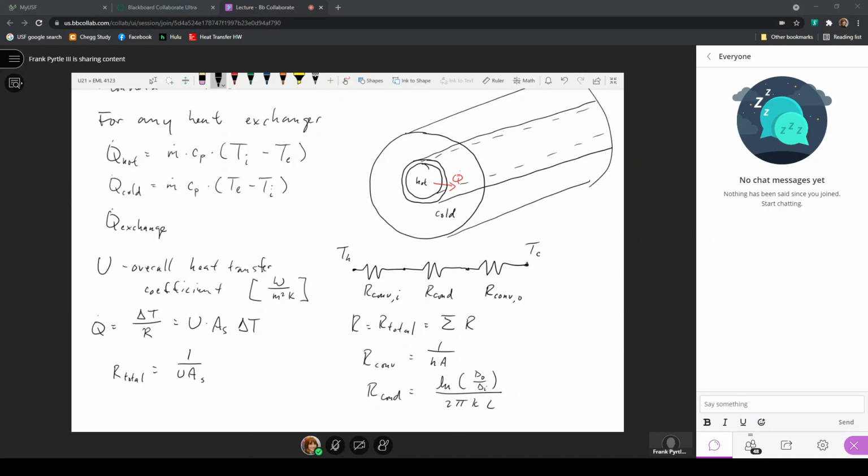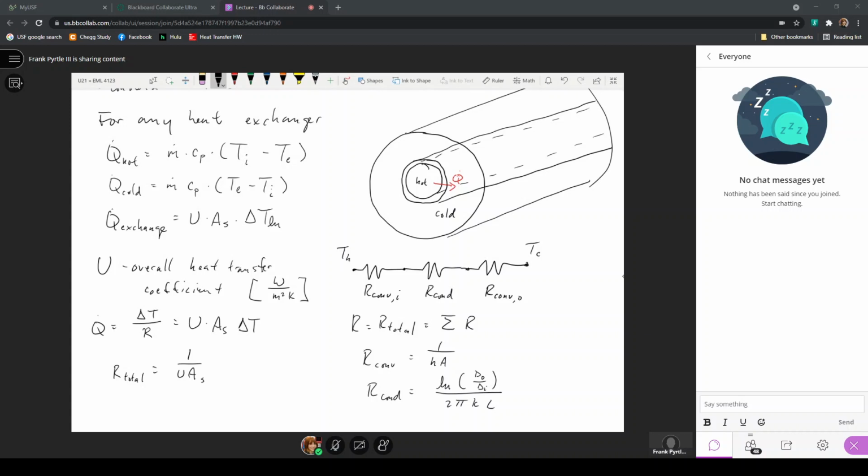This expression of the overall heat transfer coefficient allows us to write an expression for the heat transfer that is exchanged between the two fluids. This expression can be written as U times the surface area, and this will actually be multiplied by what we call a log mean temperature difference. And this is in your text, ΔT_lm.